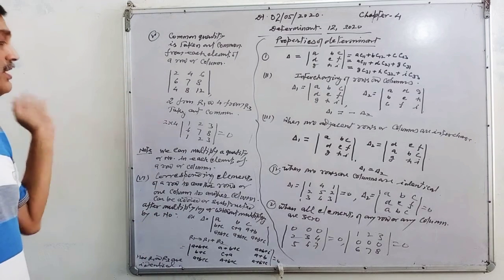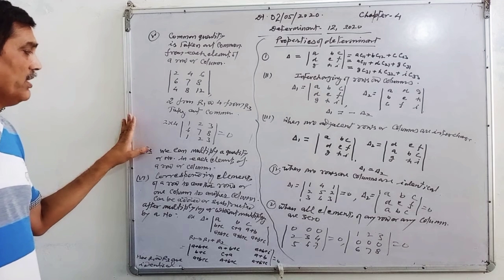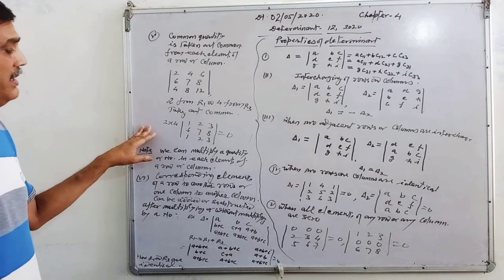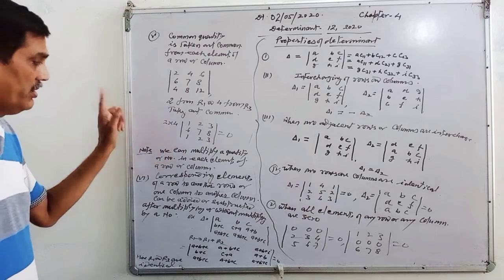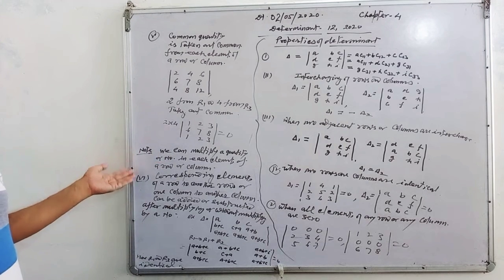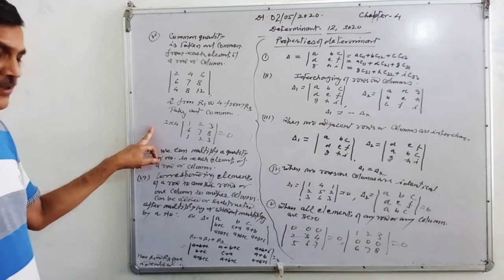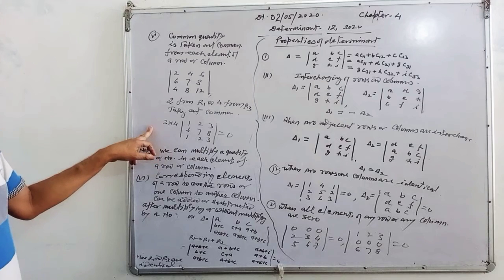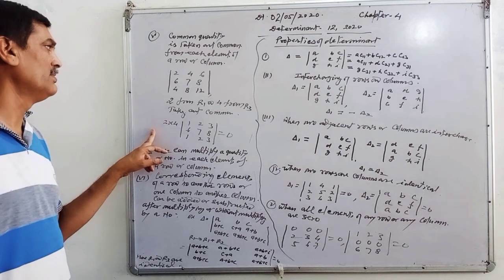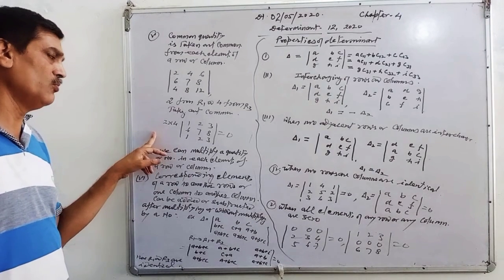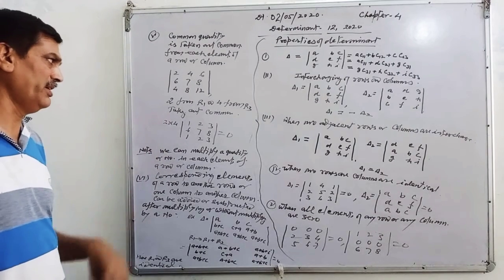Or if you multiply by any quantity, then you multiply each element of a row or column. If it is necessary, you can multiply by any number or quantity, or take a common factor from each element of a row or column. So remember this.